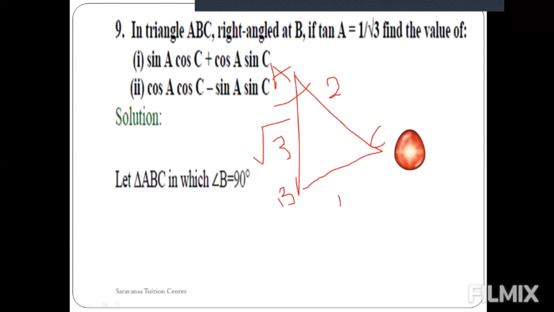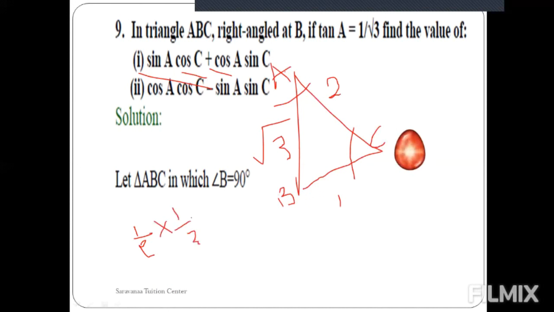Okay. Now sin A cos C plus cos A sin C. So sin A is opposite by hypotenuse, that is 1 by 2. And cos C, from this angle, cos C is adjacent by hypotenuse, into 1 by 2.